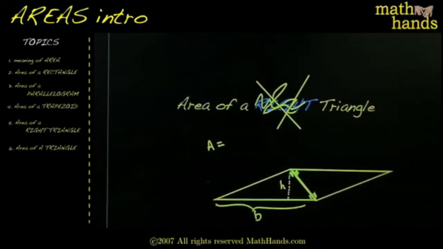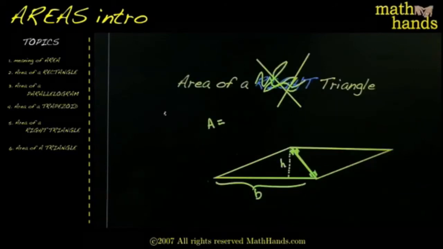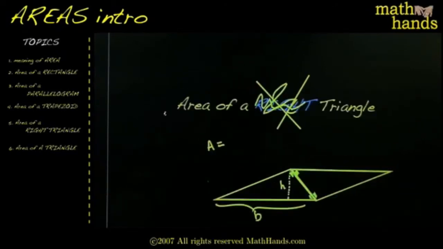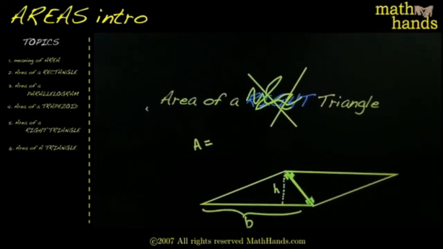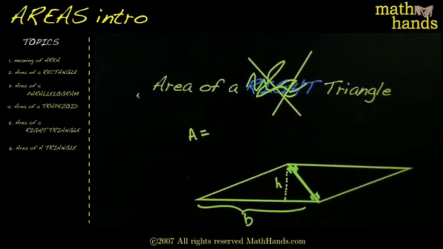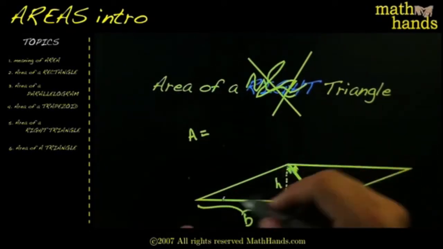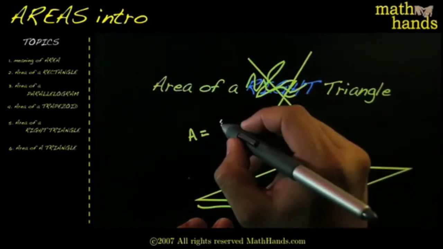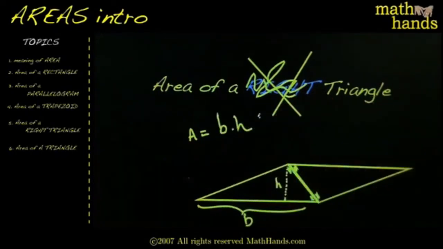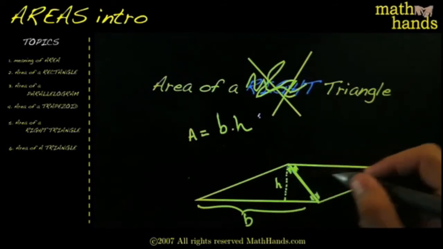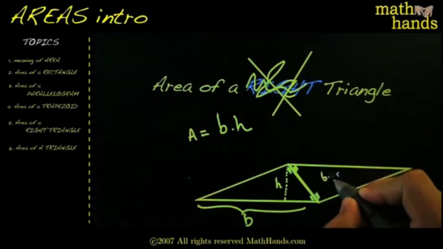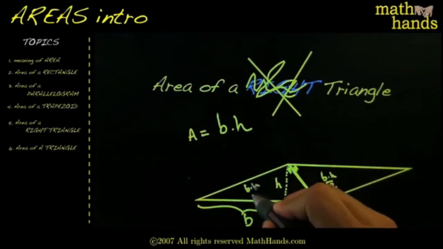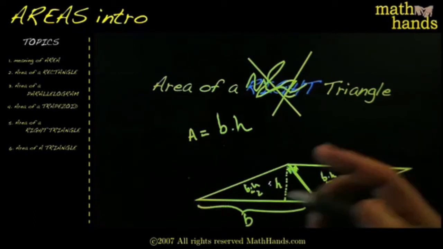So for this one, the area for the parallelogram would be the base times the height. And that's fine for the parallelogram, but that means each of these triangles has to be base times height divided by 2. Base times height divided by 2. That's it. So we did it.